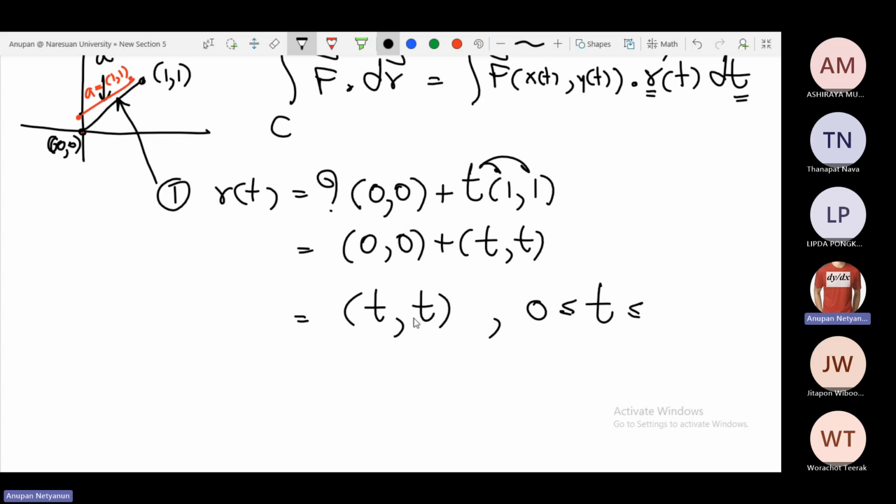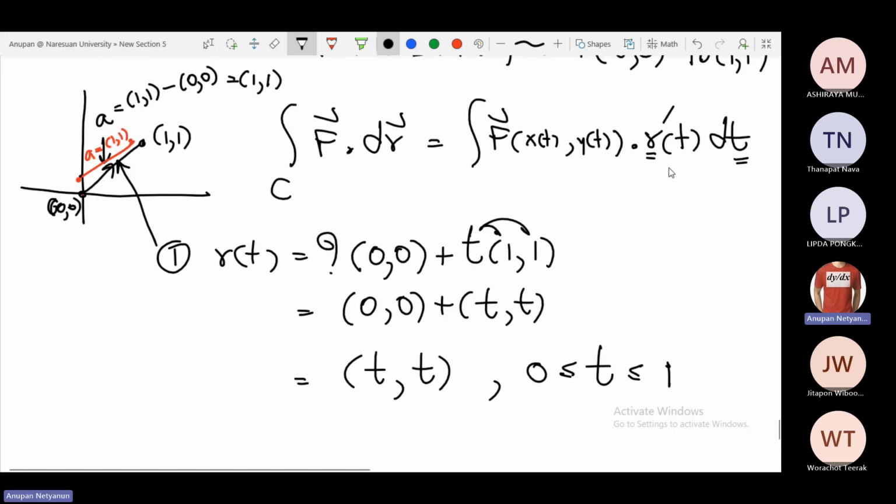And then if your t is 1, you plug in t equal to 1 and 1, so you are arriving at this point, which is 1, 1. So your t has to be between 0 and 1, okay? And you get this direction, okay?